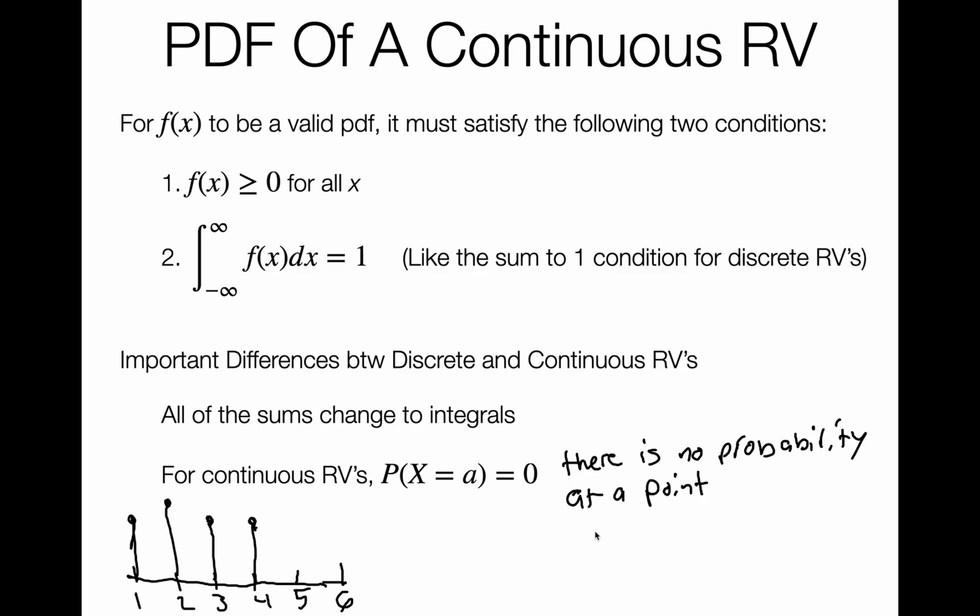To be technical, they should all be the same height. But the probability that it landed at 1, that was the only probability around it. At 1.1, it was 0. At 1.5, it was 0. Everywhere else except for those points, it was 0. But at those points, there was actually probability.